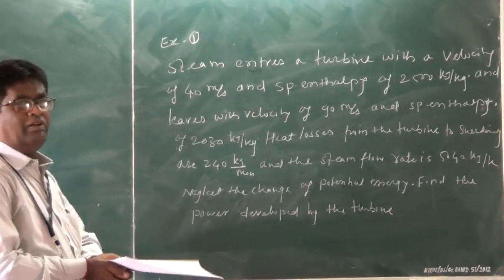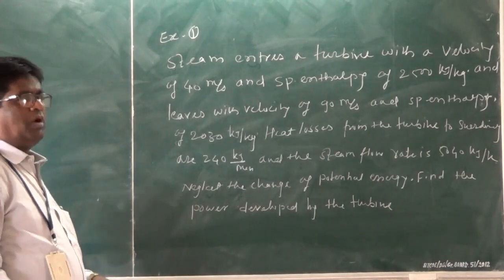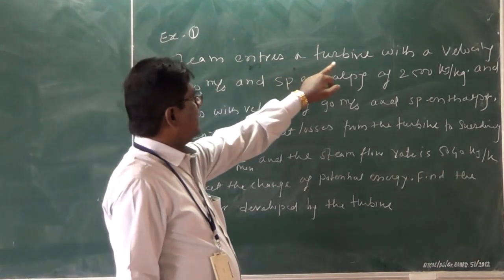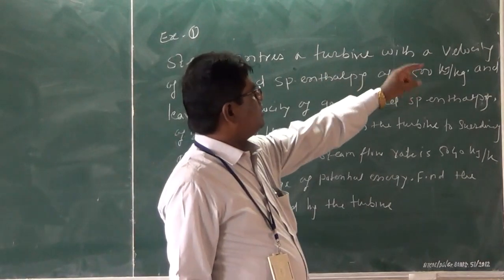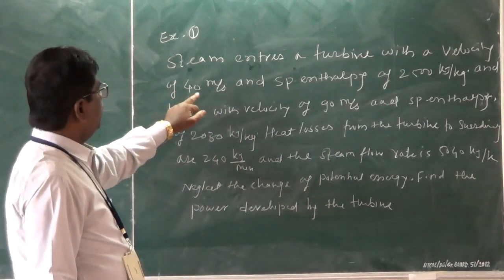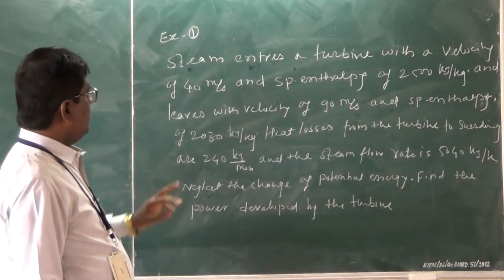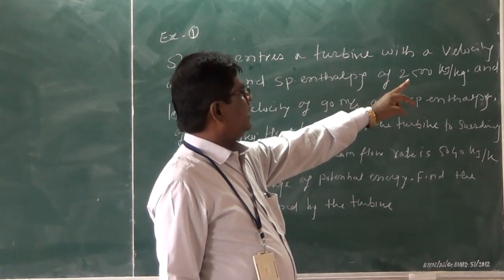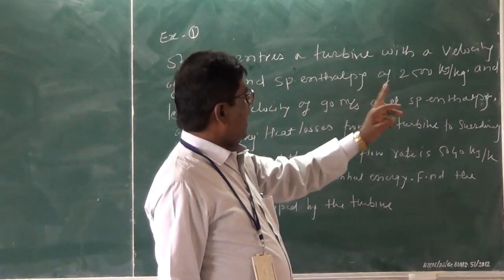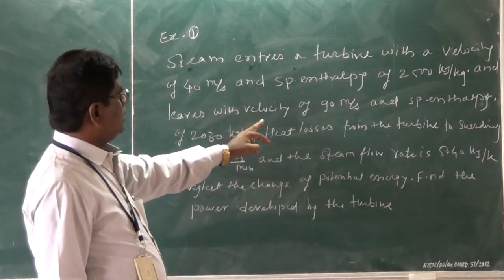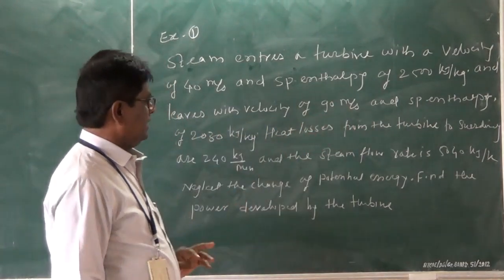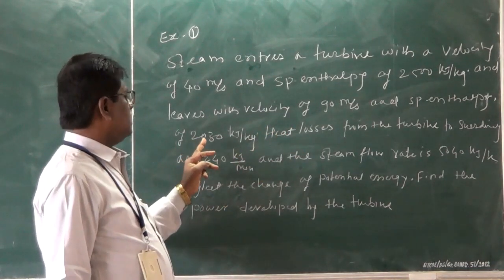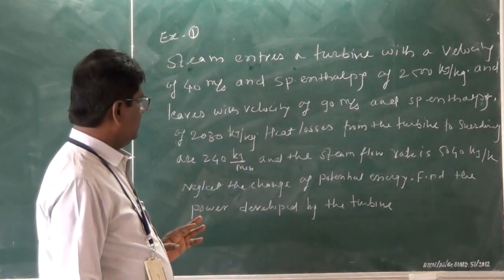So in this example 1, what is the problem you see? Steam enters a turbine with a velocity of 40 meters per second and a specific enthalpy of 2500 kilojoules per kg and leaves with a velocity of 90 meters per second and a specific enthalpy of 2030 kilojoules per kg.